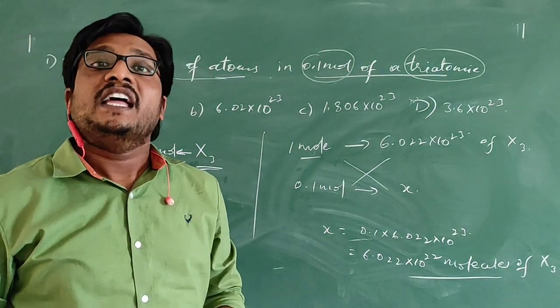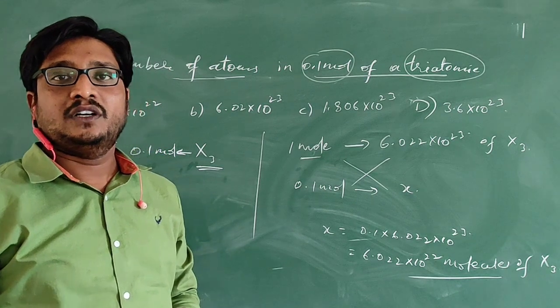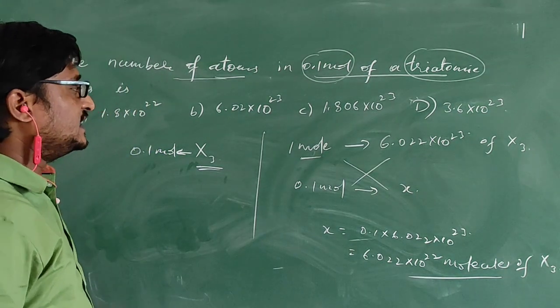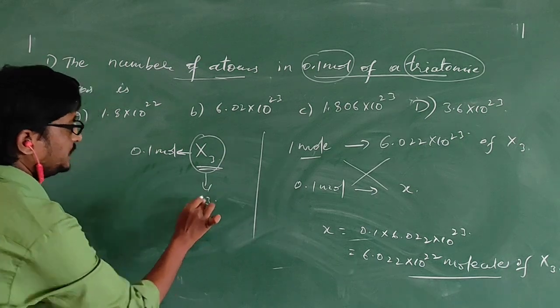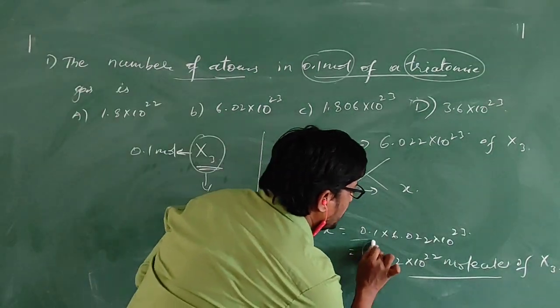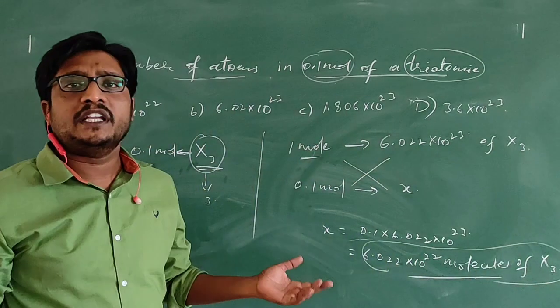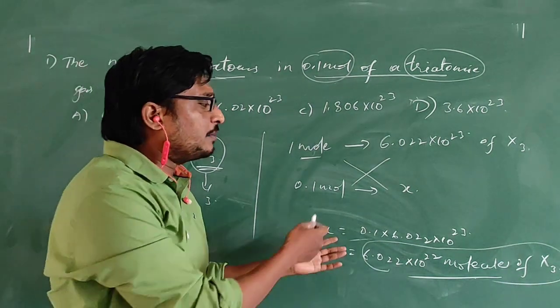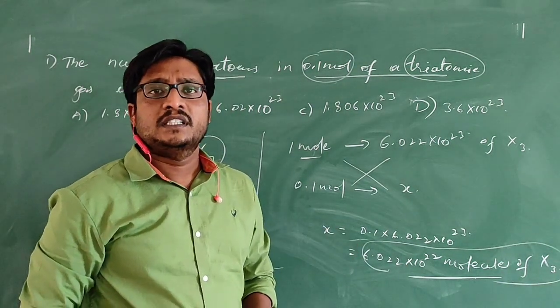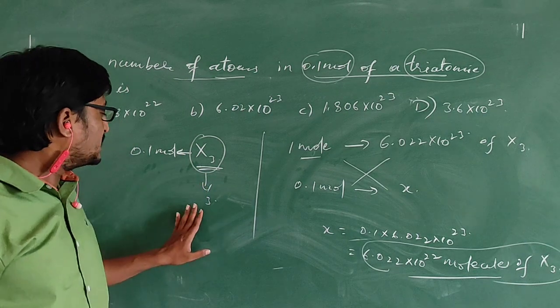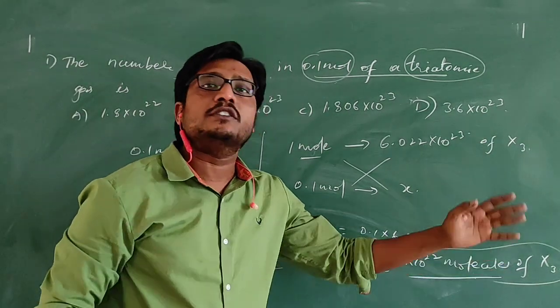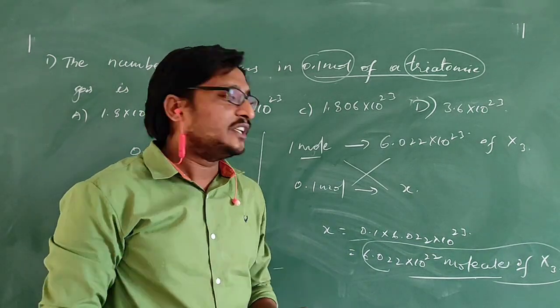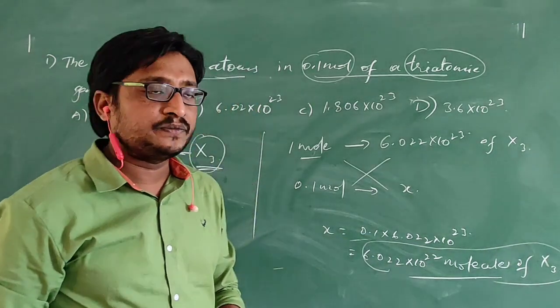Now to find the number of atoms, see, 1 molecule of X3 contains 3 atoms. Then these many molecules will contain how many atoms? Simple, we multiply with 3. Because 1 molecule of X3 contains 3 atoms, we need to multiply these with 3 only.